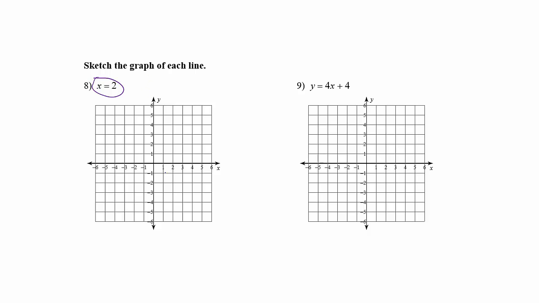Basically what's happening is if x is 2, then x is 2 all the time, which makes this line. Because on this line, you have points like 2, 0, 2, 1, 2, 2, 2, 3. All of that is how we get that line.